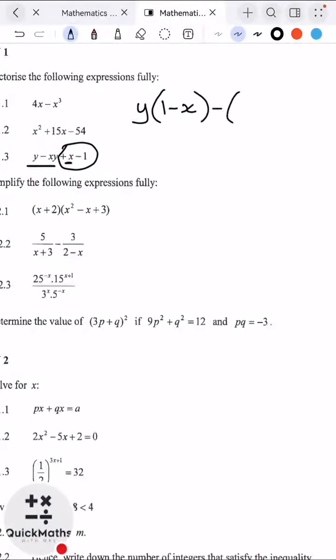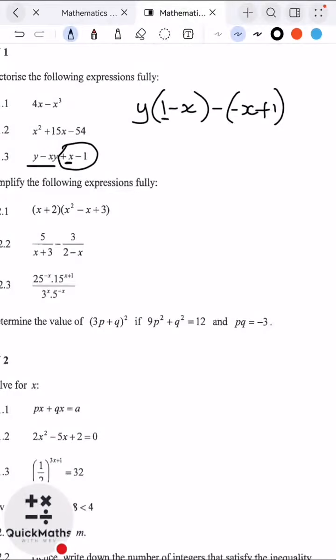If the x gets divided by the minus 1, it's going to be a minus x. And if the minus 1 gets divided by the minus 1, it's going to give me a plus 1.